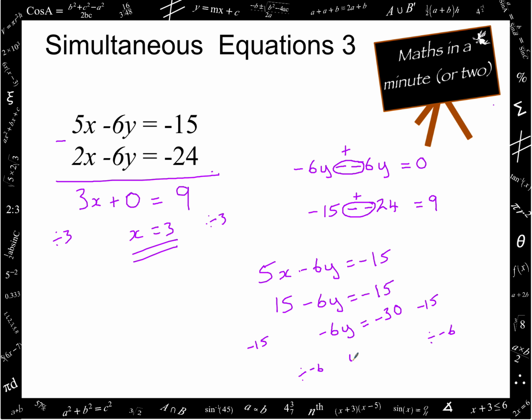That means we end up with y equals negative 30 divided by negative 6. Here we've got two negatives divided by each other, and 30 divided by 6 is 5. So two negatives make a positive, so we end up with positive 5. So y equals 5. So the whole answers are x equals 3 and y equals 5.